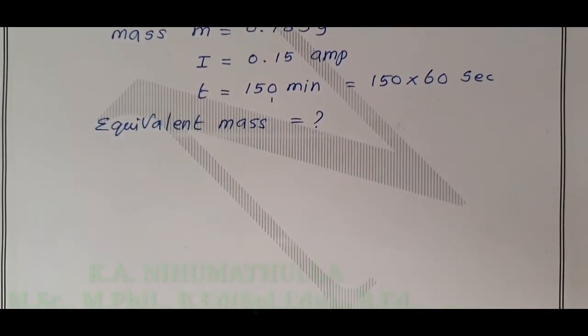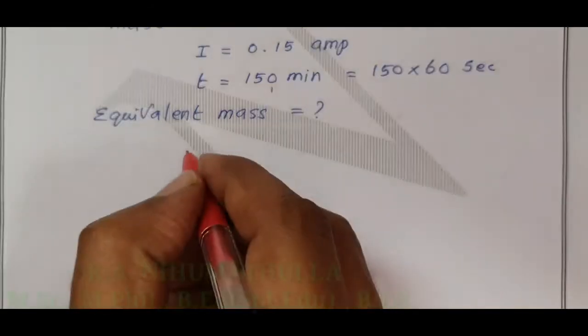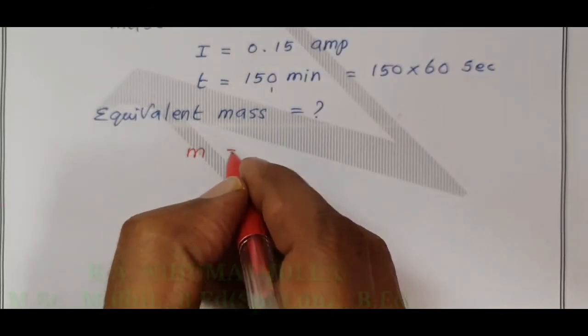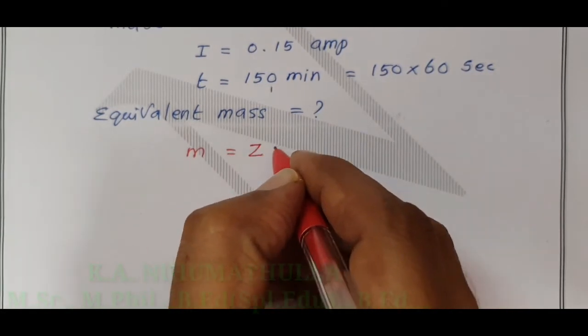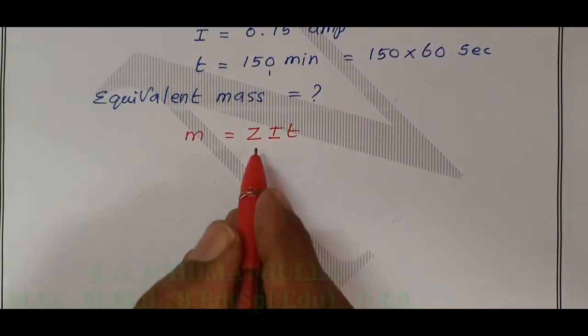According to Faraday's first law, we know the mathematical relation: mass M is equal to Z into I T. The formula for Z is equivalent mass in gram divided by 96,500 coulomb, so Z equals equivalent mass by 96,500.